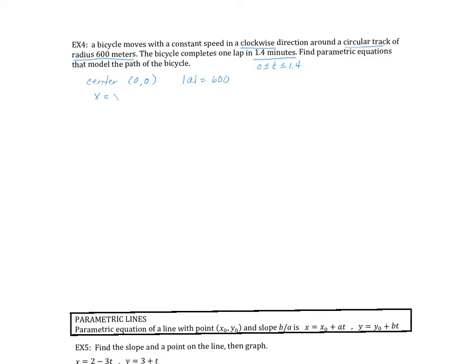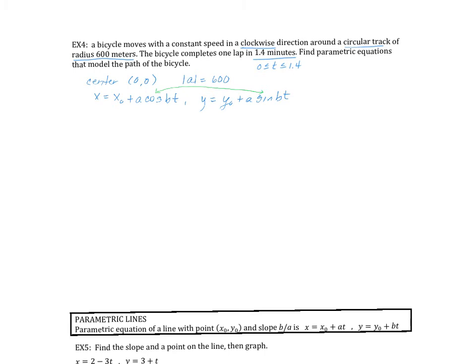I'm going to use x equal to x sub 0 plus a cosine of bt. So that was our original. Y equal to y sub 0 plus a sine of bt. I'm just going to exchange the cosine and the sine so that I can exchange the direction.